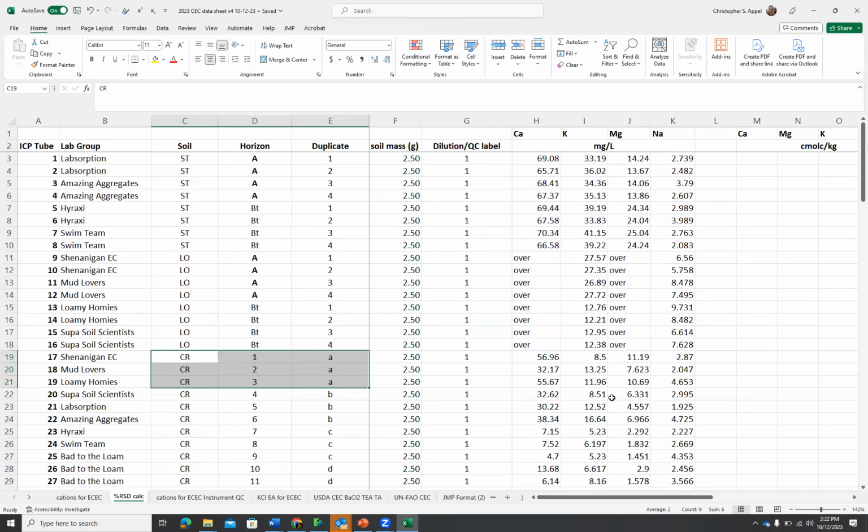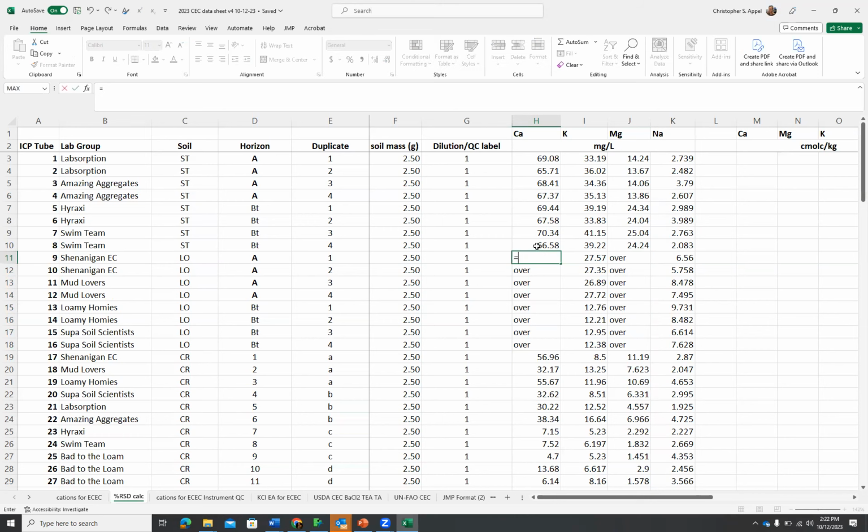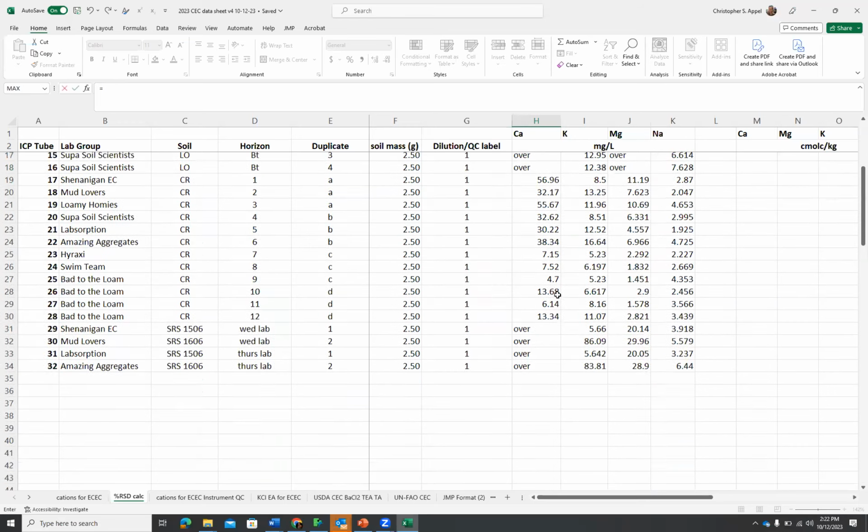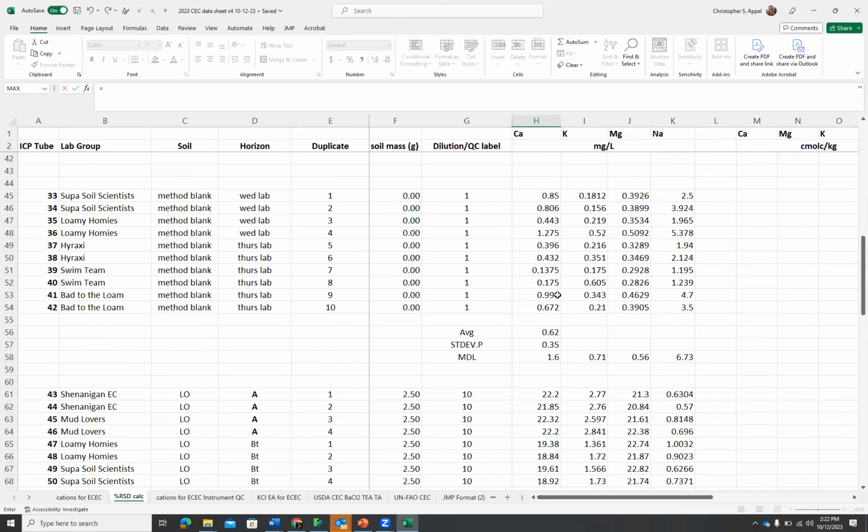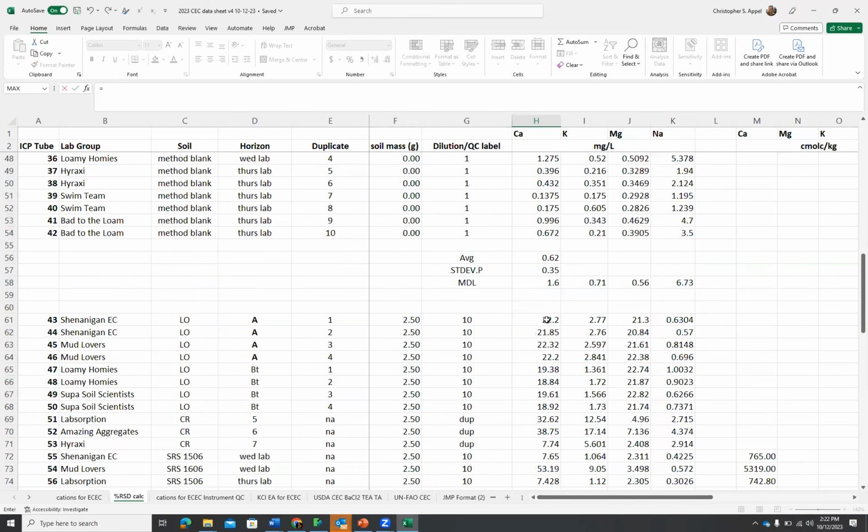Okay. Next thing that I'm going to do is I'm just going to use these values up here to make it easier for myself. And you know that these are overs. So what I will do is I'm going to do an equal in this cell right here. That's the first over for Los Osos A. You see that? I'm going to do equals, and then I'm going to go down and select the diluted Los Osos A, which is this one right here, and multiply that by 10.